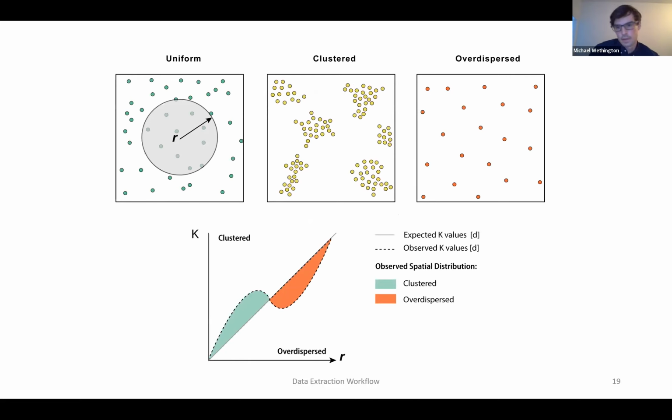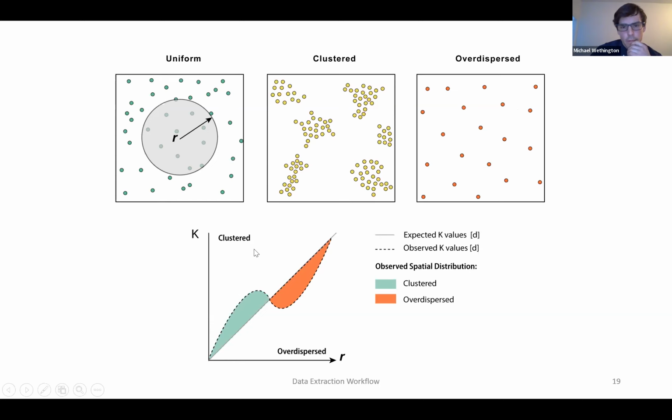The idea behind Ripley's K is to take point sets, data points, locations, and determine, through space, whether something is showing patterns of clustering or overdispersion, or if it's just a completely random pattern. The 3 panels up top illustrate what those patterns look like: uniform, much more clustered, and overdispersed, where things are repelling from one another.